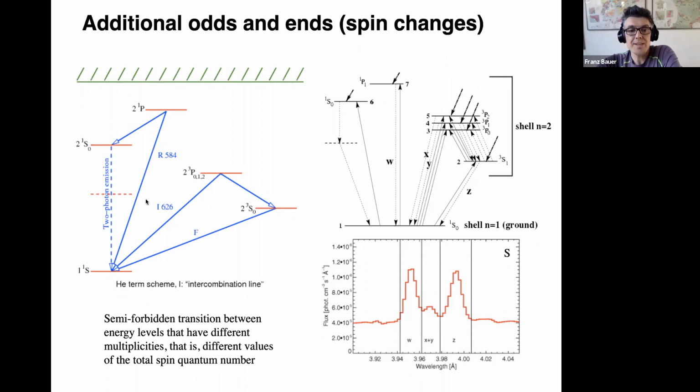Similarly, this is for helium, but you can have helium-like ions. This is the helium-like ion of sulfur. And this shows a similar set of transitions. You have the 1p1 to the 1s0, and then you have a 2 photon transition here. So you can have a 1 photon transition up, but a 2 photon transition down.